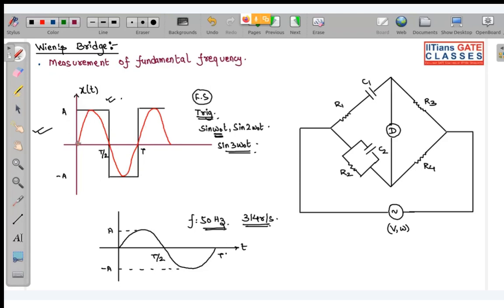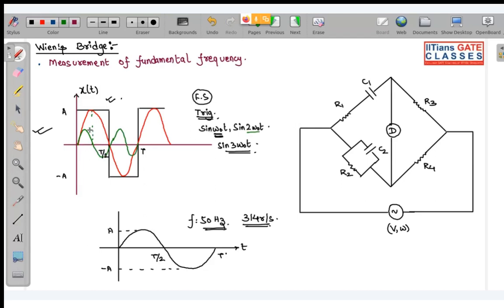Now there might be a signal like this, which is sine 2 omega naught t.